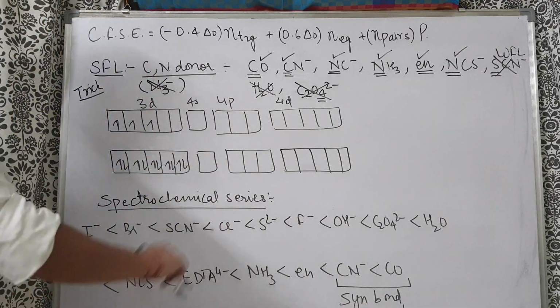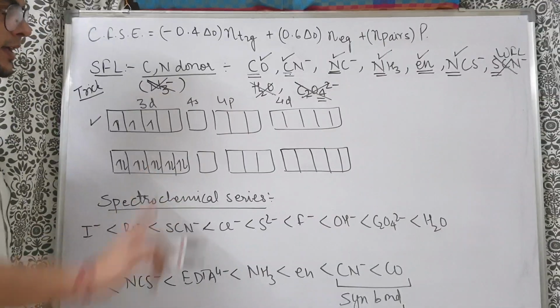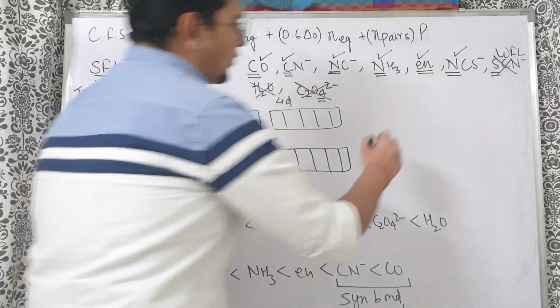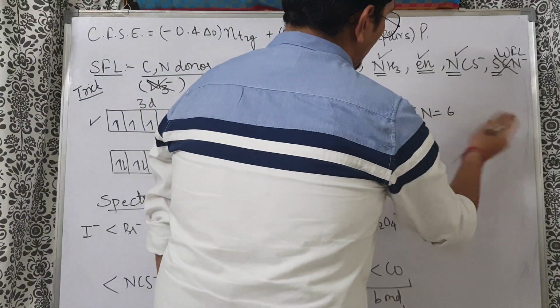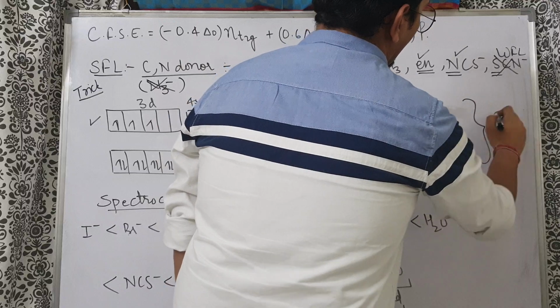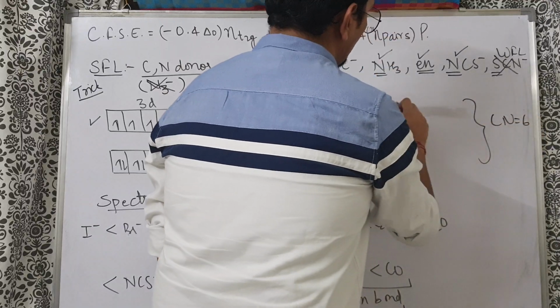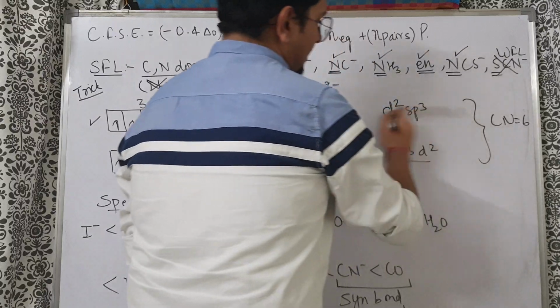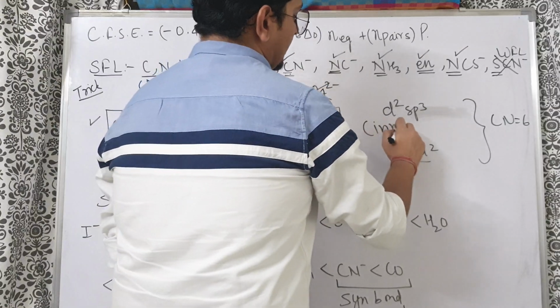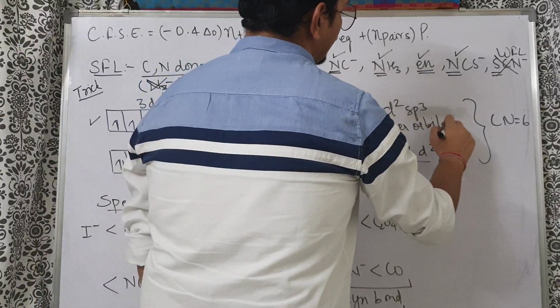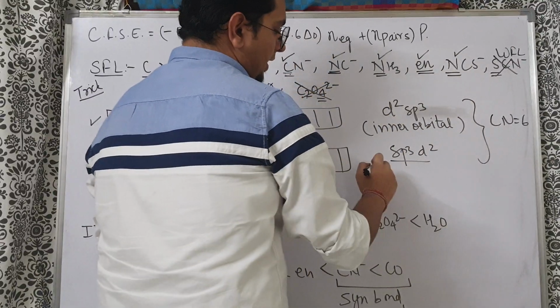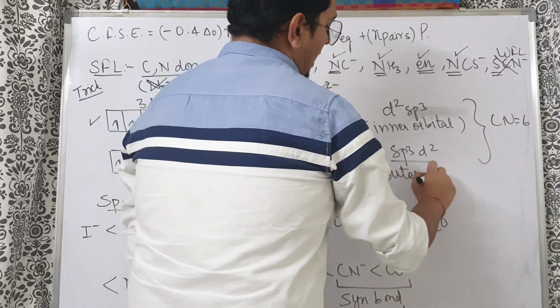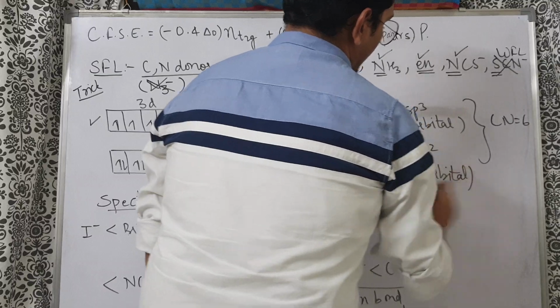Next, let us consider this configuration. When we are finding the hybridization for coordination number 6, we have two options: d2sp3 or sp3d2. d2sp3 is known as an inner orbital complex, and sp3d2 is known as an outer orbital complex.